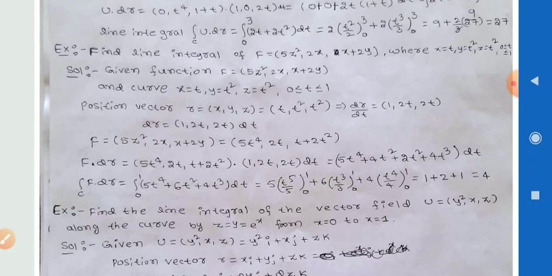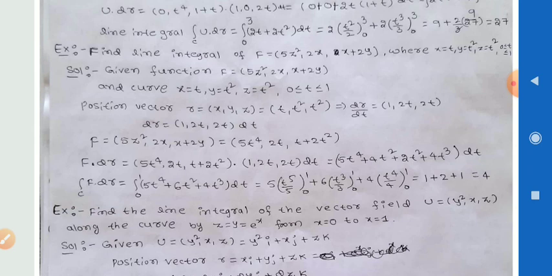Then the integral of F dot dr, with t varying from 0 to 1, is the integral from 0 to 1 of 5t^4 + 6t^2 + 4t^3 dt.